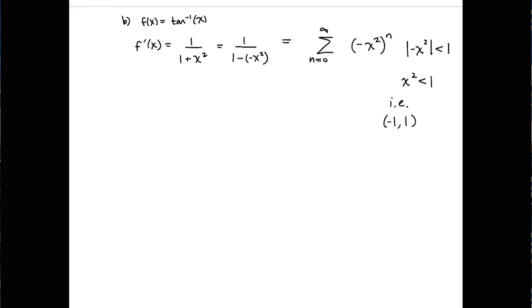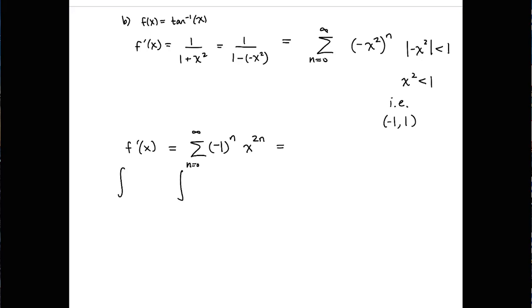And if we write this a little bit more how we would usually see it, we would usually see the (-1)^n part factored out, and then we'd get x to the 2n for our power series expansion. So when we actually integrate this term by term, it would probably be helpful to view this in its expanded form.